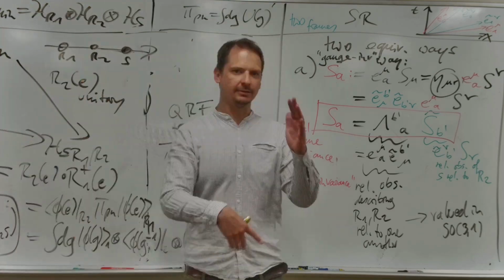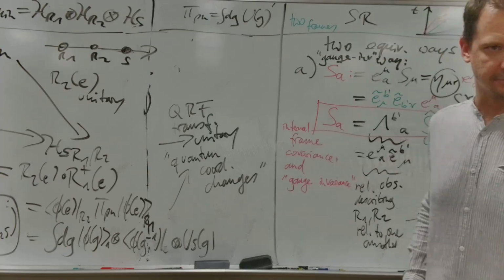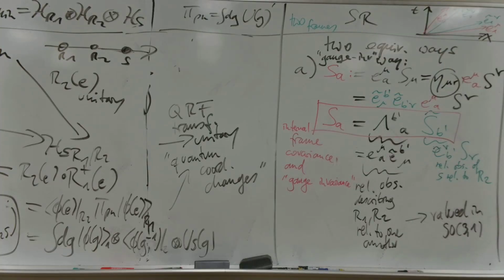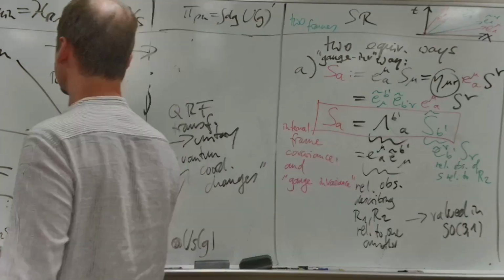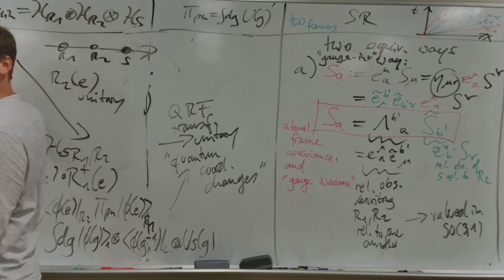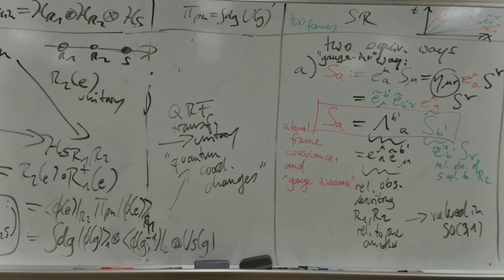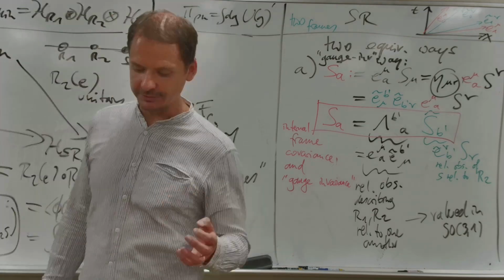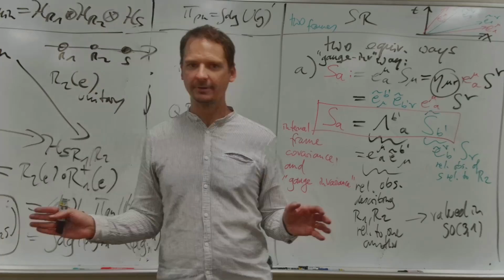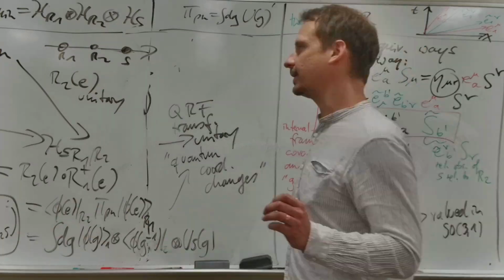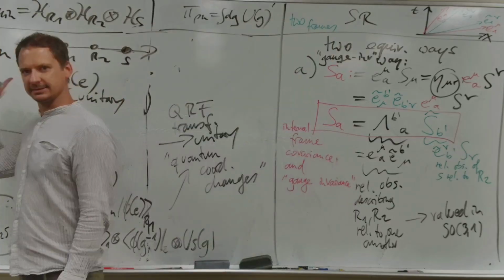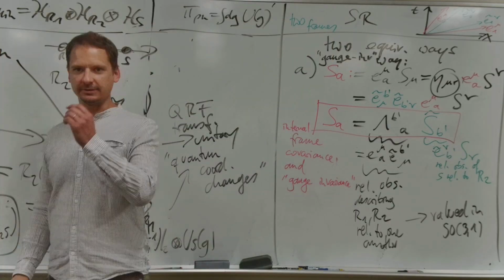They may be non-locally distributed in this, so you may have to refactorize your kinematical Hilbert space, but there's going to be a continuum of choices of quantum reference frames in general in the kinematical Hilbert space. You go to the gauge invariant Hilbert space, the physical Hilbert space associated with it, and it encodes the information about every possible internal quantum reference frame. For each one of them, I can define this, and I can define a unitary map.